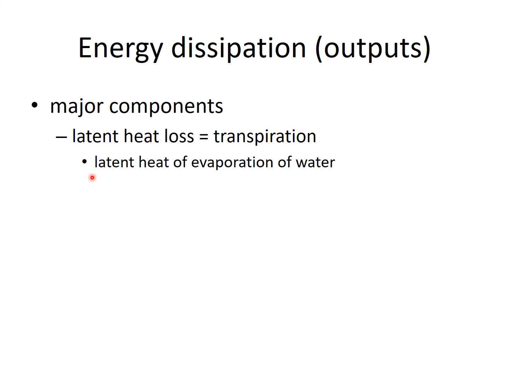The amount of energy that it takes to evaporate water is referred to as the latent heat of evaporation of water. And water has among the highest latent heats of evaporation of all molecules. So the two major components for energy loss are convective heat loss and latent heat loss, or transpiration.